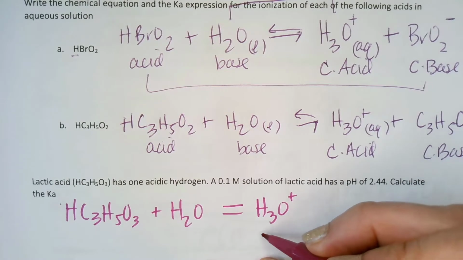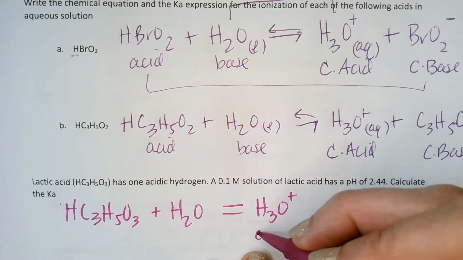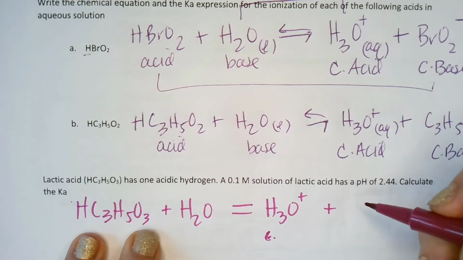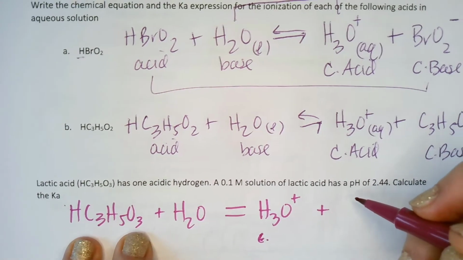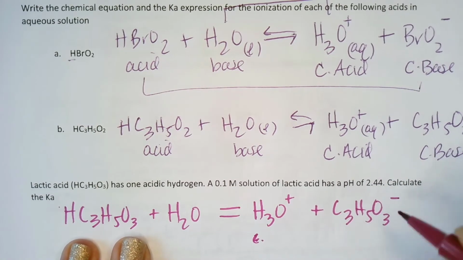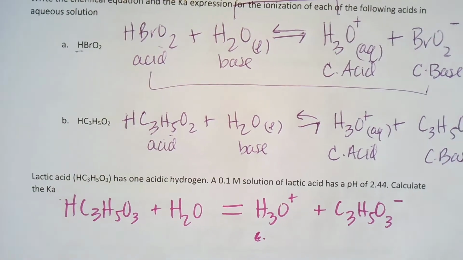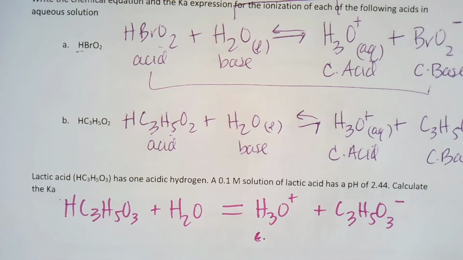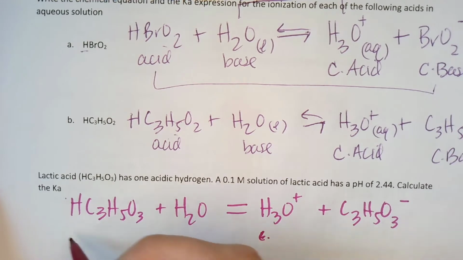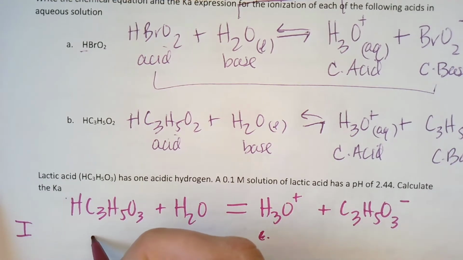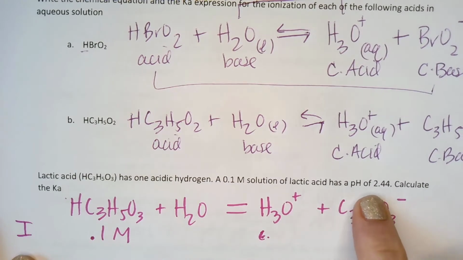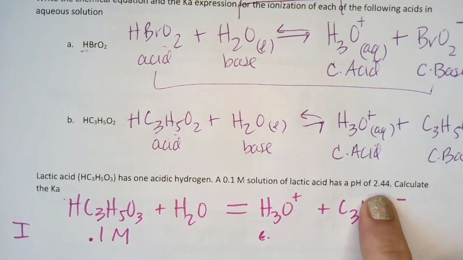And so this is our conjugate acid. And our conjugate base, so losing that acidic hydrogen, C3H5O3 minus. So we have a 0.1 molar solution of lactic acid. So our initial is 0.1 molar. And it has a pH of 2.44.